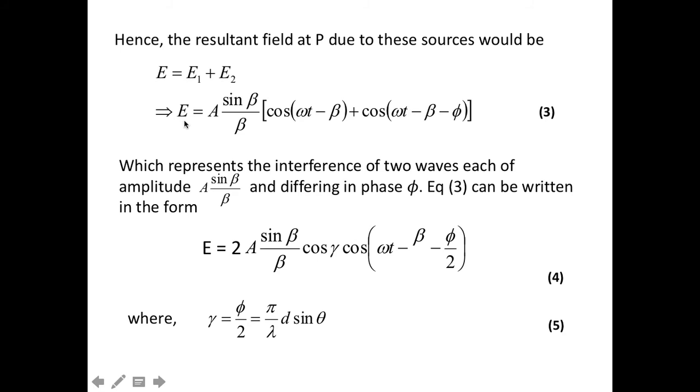For the resultant field at P, due to these sources, we will find the total field E1 plus E2. So E is equal to A sine beta upon beta times cos omega t minus beta plus cos omega t minus beta minus phi.